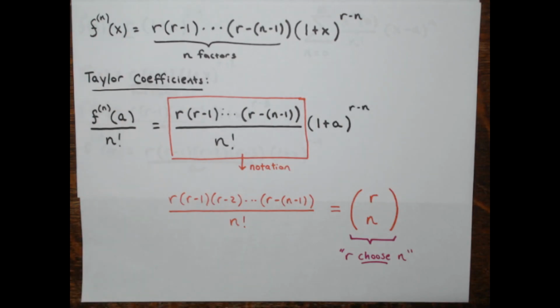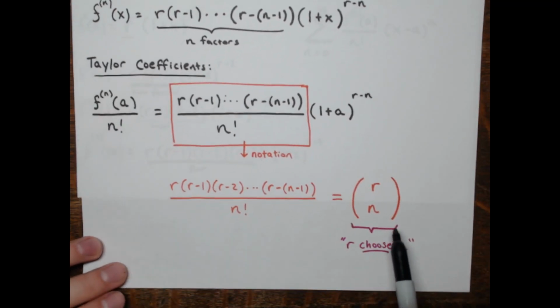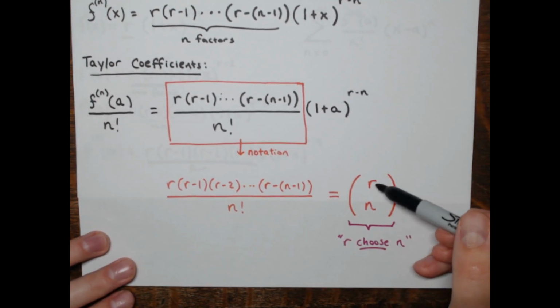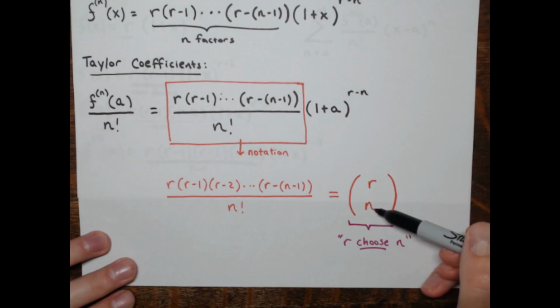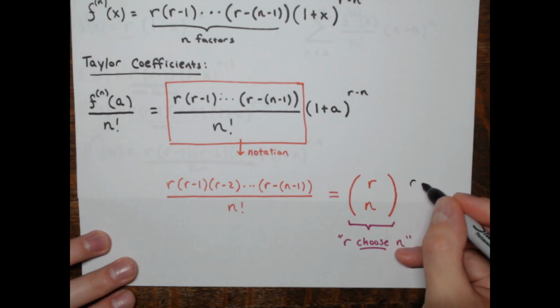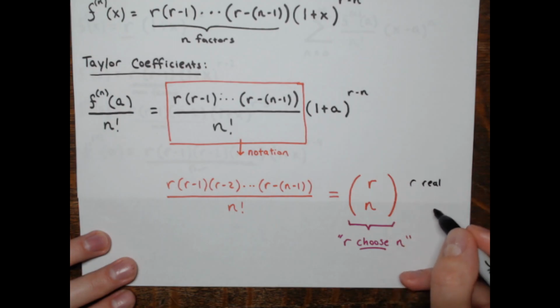We're not going to be doing counting here so much. Just know that when you see the big set of parentheses with a number over n, the number up here is some real number, and n should be a whole number.